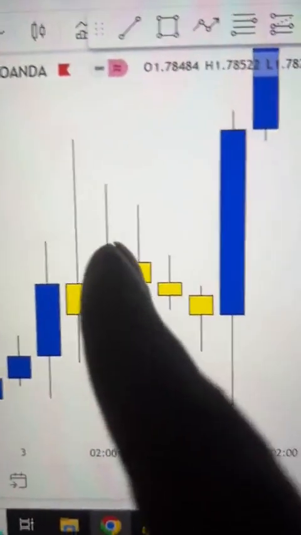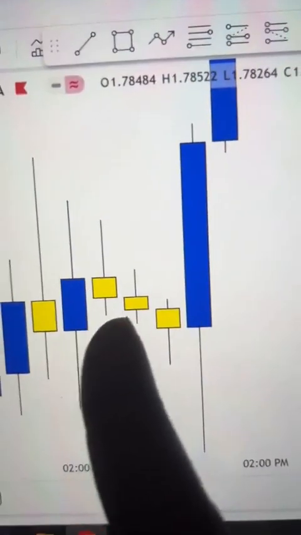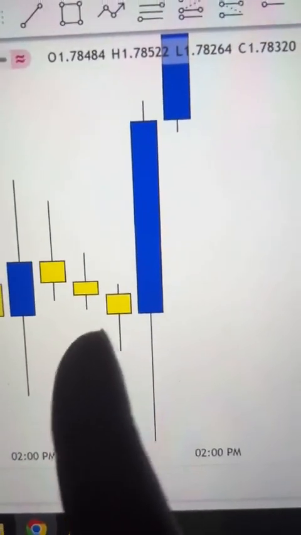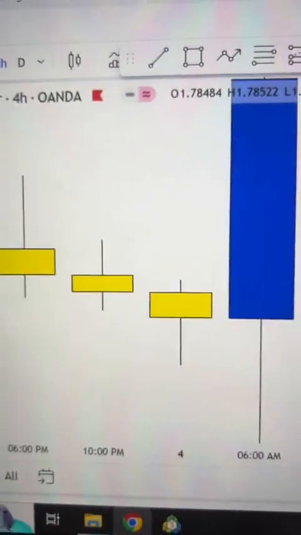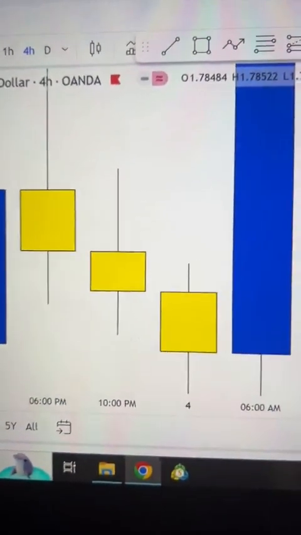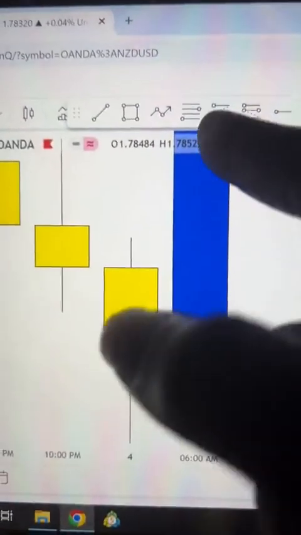So where is your order block? This is an uptrend. The order block is the last sell candle before that buy move. Now, where is your last sell candle? Let me enlarge this. So this is it now. Your last sell candle is this candle that printed before this sharp move.